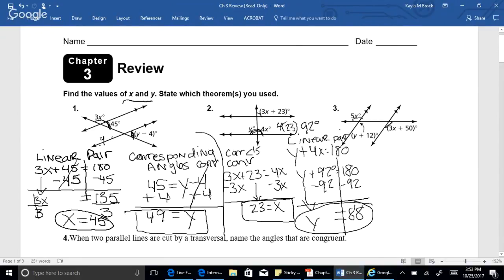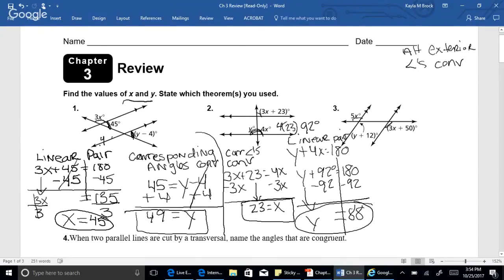And the rule is alternate exterior angles. So it's going to be the alternate exterior angles converse. That's the theorem I'm going to use.